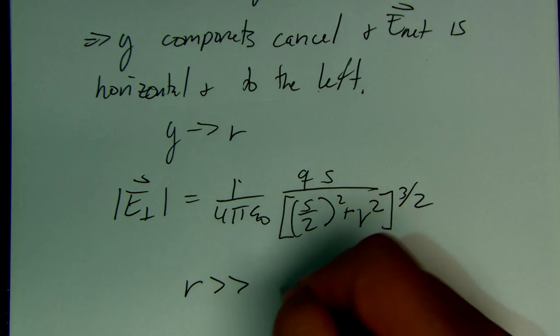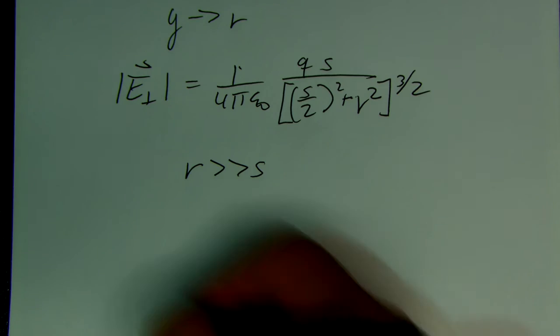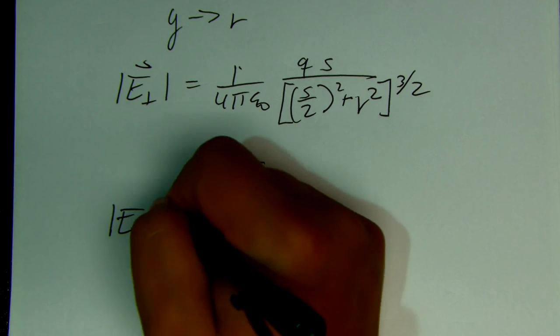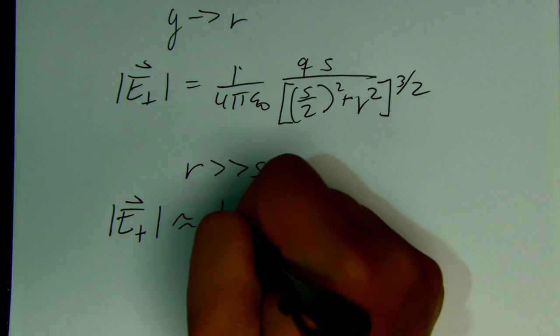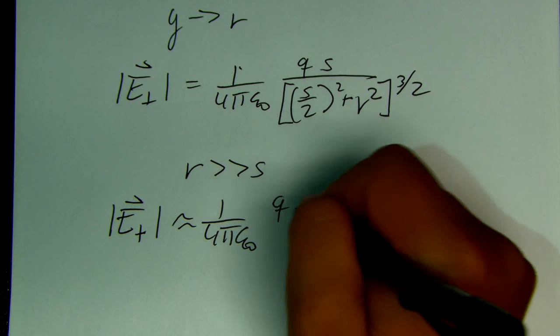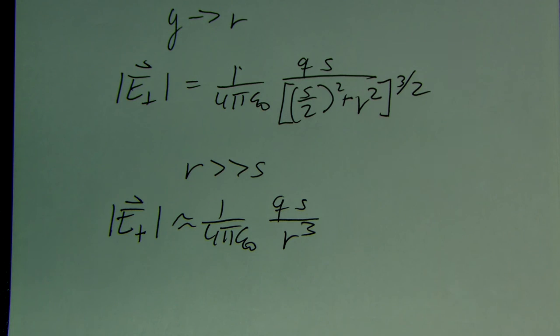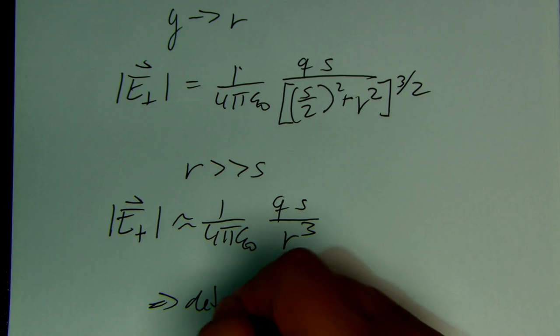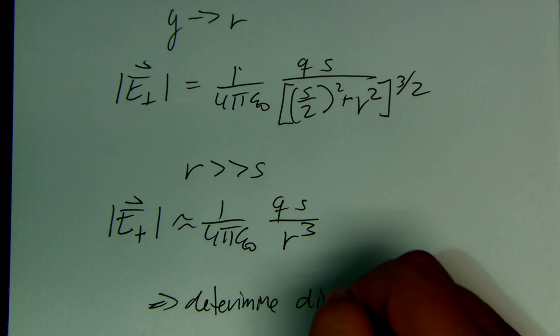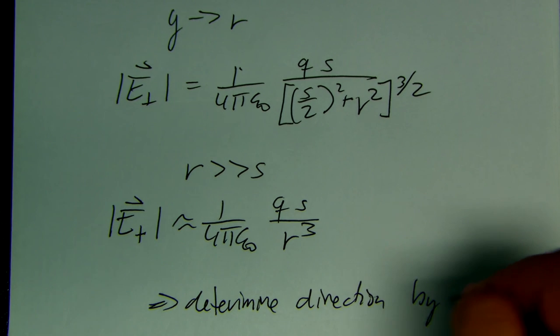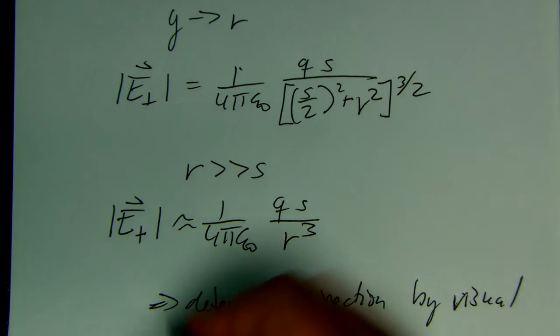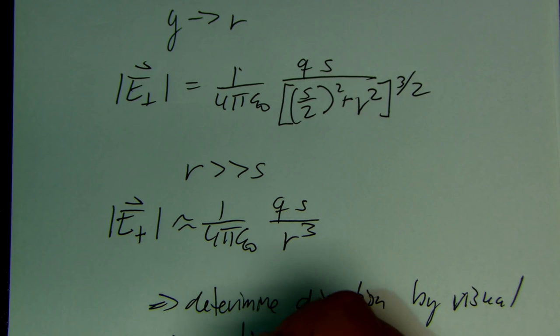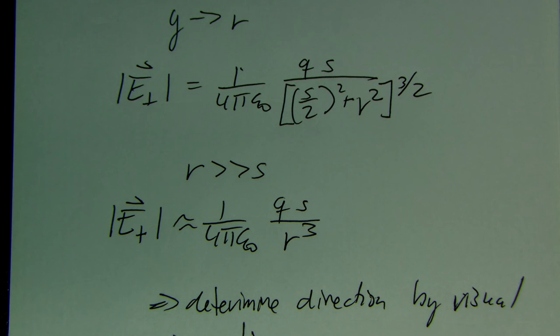And if r is much, much larger than S, we get E perpendicular is approximately 1 over 4 pi epsilon naught qs over r cubed. And you can determine direction by visual inspection. All right, we'll stop here and finish 13.6 in the next segment.